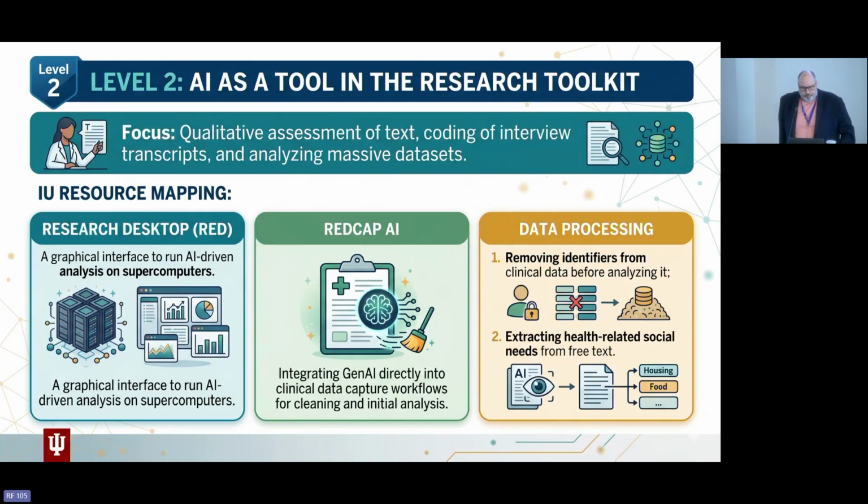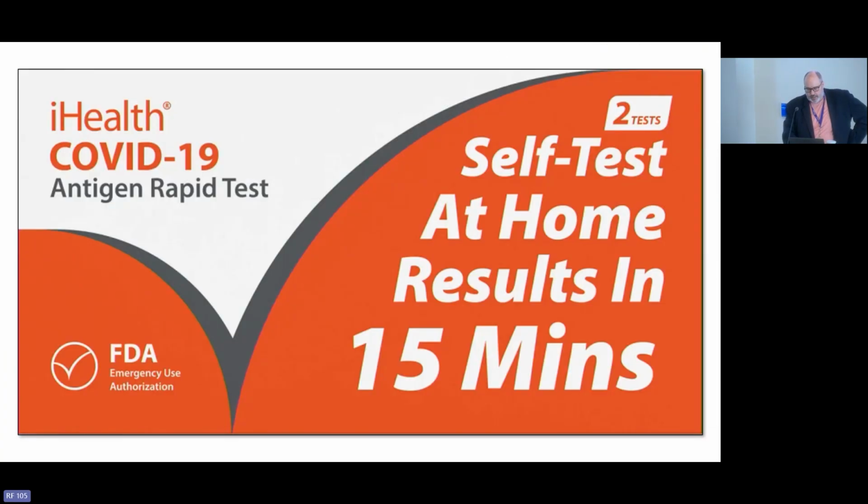Another example, Katie Allen's in the room, using AI to extract social needs from structured records. Again, this tool may be used to gather the data that you need to perform your research, and AI is beginning to enable that. So examples of AI as a tool in the toolkit, we can read full chart notes and extract different types of information out of it. Again, you need to have this data in a clearly secure environment that fits the security requirements of your data.